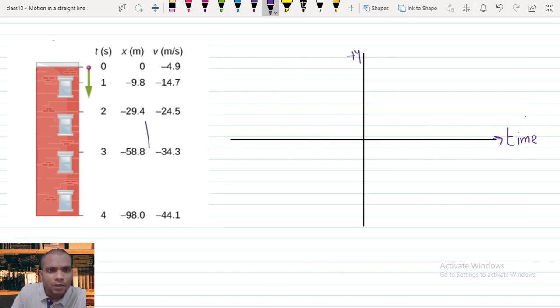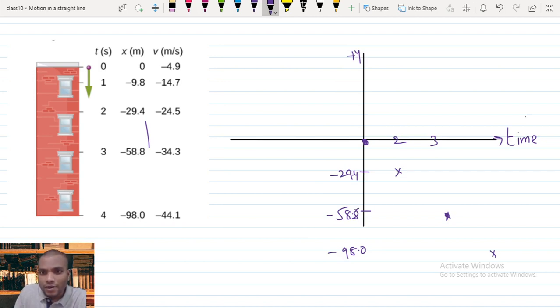Now here we can see the object starts here at 0, then it covers a distance of minus 9.8 roughly, so that is minus 9.8 after 1 second, minus 29.4 after 2 seconds, and after 3 seconds it covers minus 58.8. So these are all negatives, and the next one, 98.0, is somewhere here.